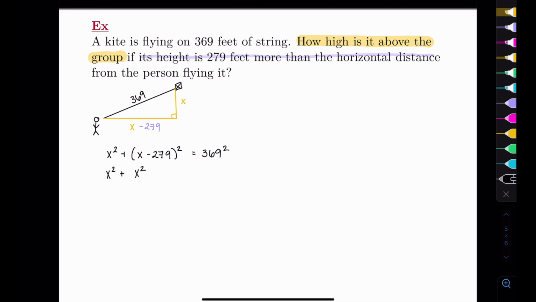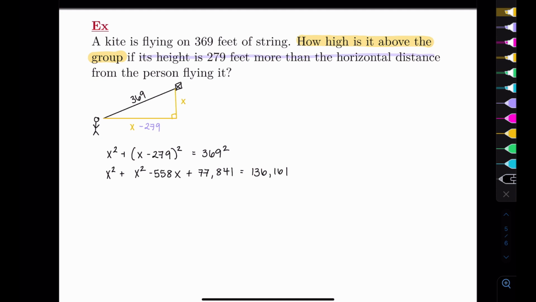It would be x squared minus 558x. And then you'd have to do 279 squared, which is 77,841. And then on the right-hand side, we go ahead and do 369 squared. That is 136,161.